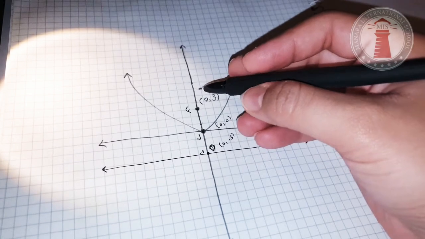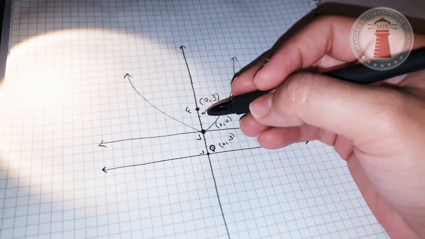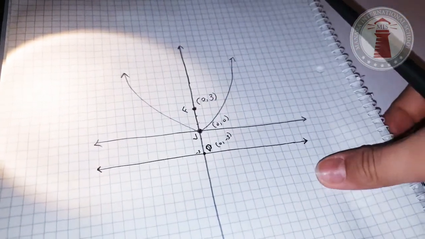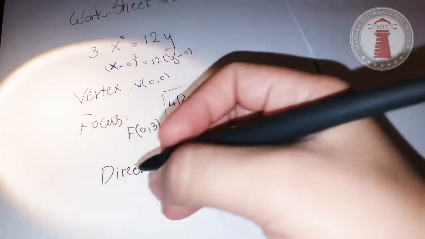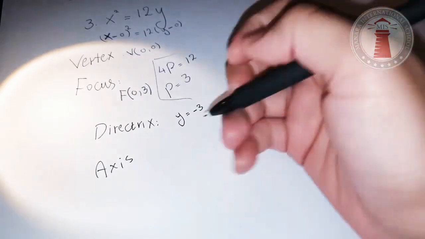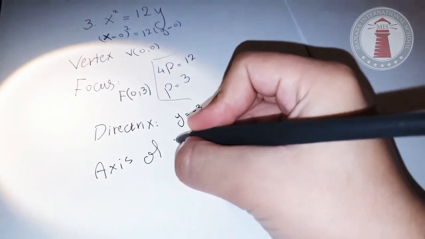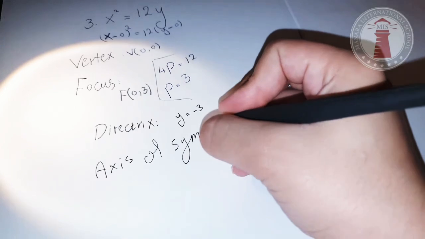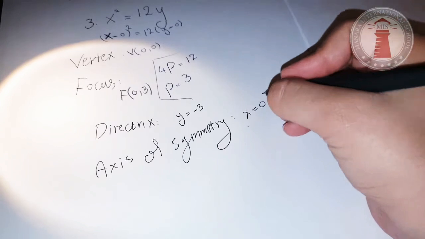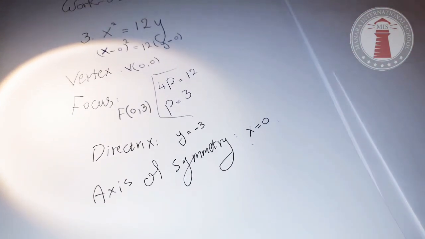So the axis of symmetry is the line x equals 0, which is the y-axis itself, because the y-axis in this case is the line that divides the parabola into two equal sides.